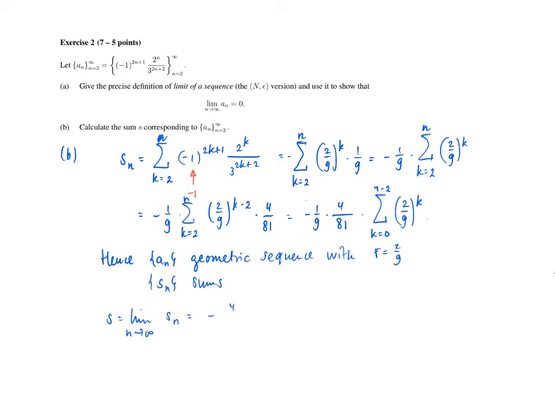and the partial sum is given by minus 4 over 729 times, well, here we plug in the beautiful formula we have for this kind of expression. The limit of n to infinity of 1 minus r to the power n minus 1 in this case, which means this is 2 over 9 to the power n minus 1, divided by 1 minus r, and r is 2 over 9.